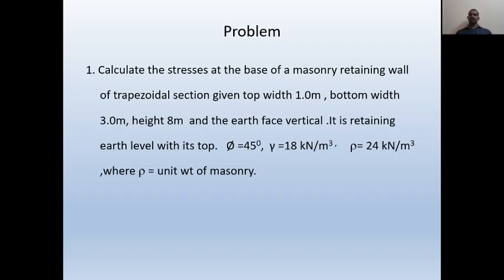So here rho is the unit weight of masonry. That's all that is given.